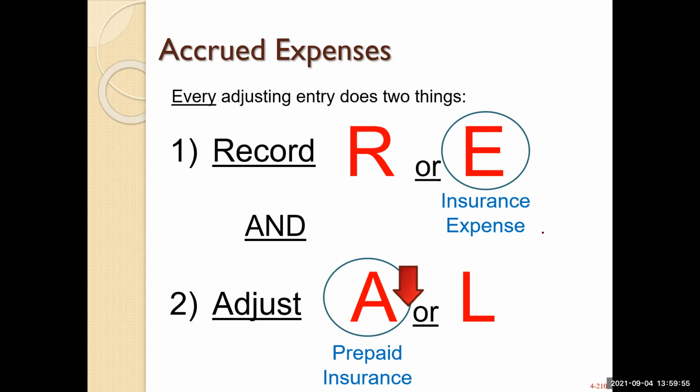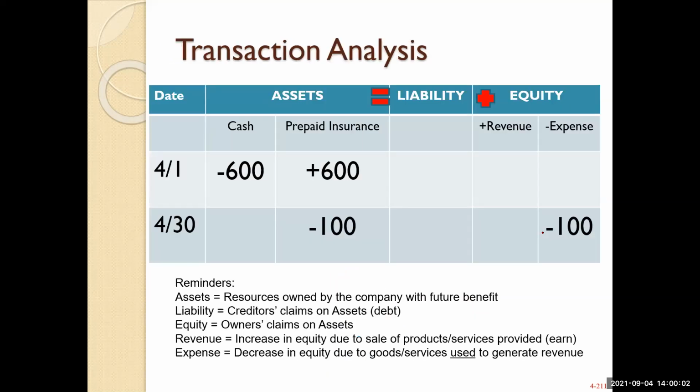So this is going to impact expenses, and it's going to be an asset going down. So you see in our transaction analysis, we've got -100 under prepaid insurance. That's our asset going down.